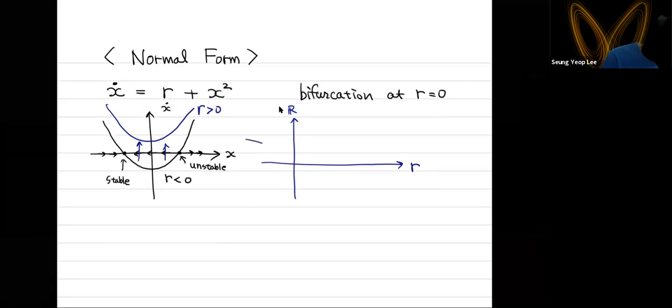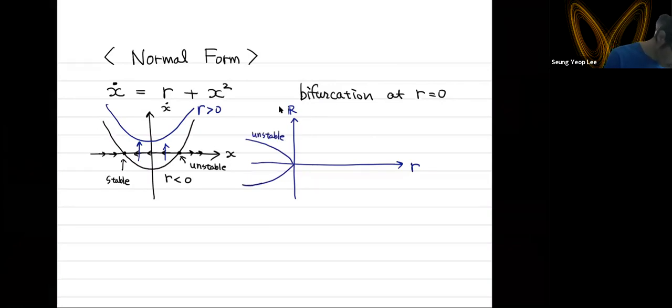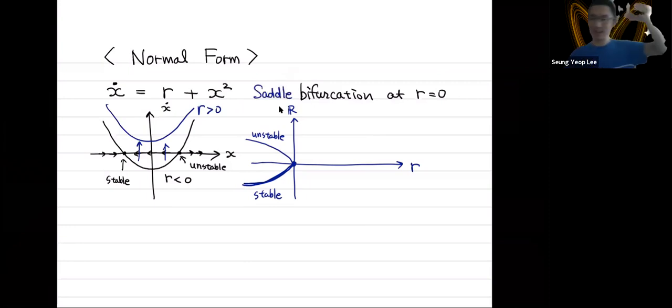You get two fixed points, one unstable and one stable. And then they merge and disappear. That's the bifurcation, which I think is called the saddle-node bifurcation. Stable and unstable.